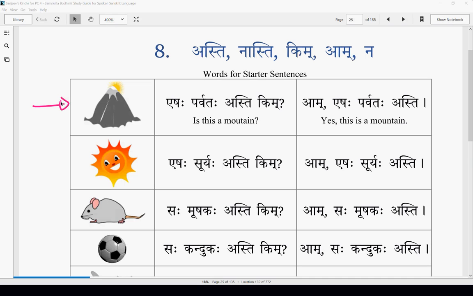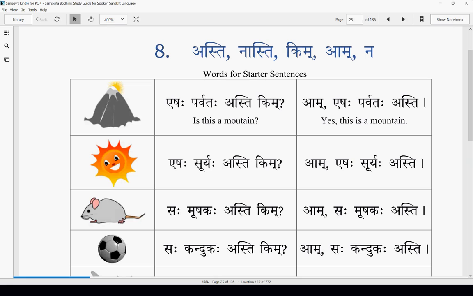Eshaha Suryaha Asti Kim? Am Eshaha Surya Asti. Saha Mushakaha Asti Kim? Am Saha Mushakaha Asti. Saha Kandukaha Asti Kim? Am Saha Kandukaha Asti. Dhanyavadaha.